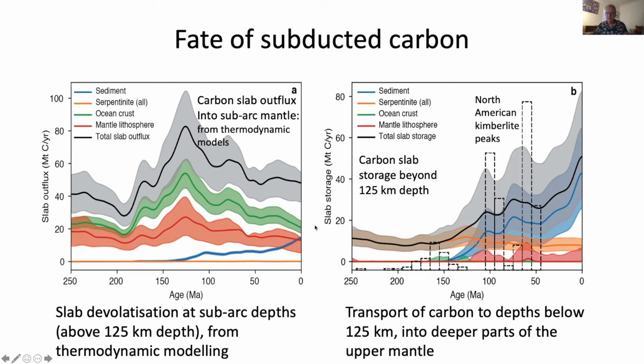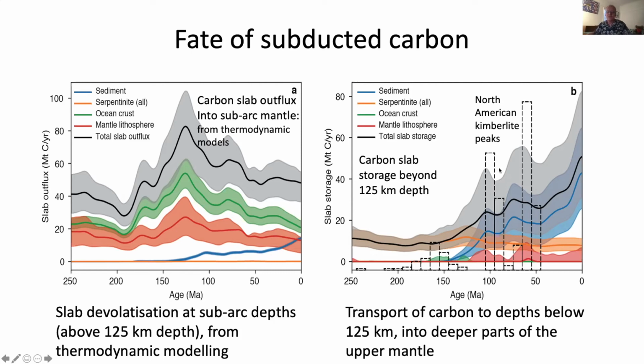They keep on traveling to deeper depths, but then ultimately they get dispersed in the upper part of the upper mantle, or some of it also makes it down into the transition zone. Right? And so what we observe is, so we have these two peaks. So this is when sedimentary carbon first becomes really prominent and being subducted in the mid-Cretaceous, and then it goes even higher here in the latest Cretaceous, early Tertiary, right?